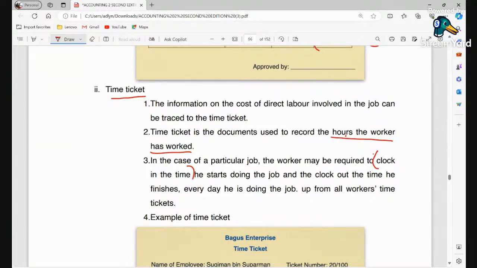Punch card tu paling best sebab orang lain pun boleh tolong punch untuk kita kan. Okay, tak adalah. Alright, and then ada juga yang masih menulis dalam buku kan. Okay, so you kena beratur lah tulis buku dan bagi tahu. Okay, so bila tulis buku tu kadang-kadang dia datang pukul 7 tapi dia tulis 6.30. Okay, ada juga. Alright, tu biasalah.